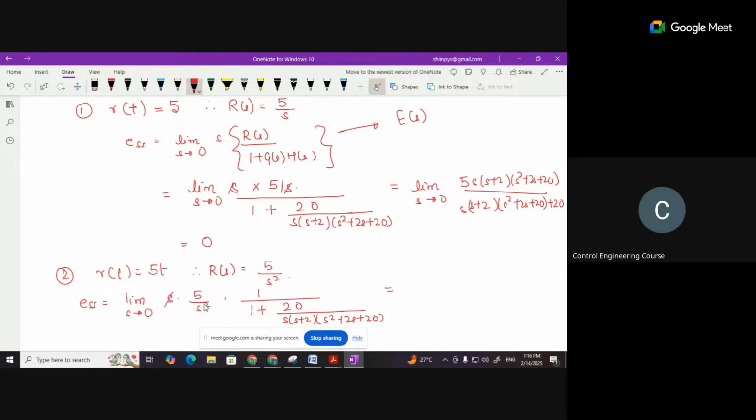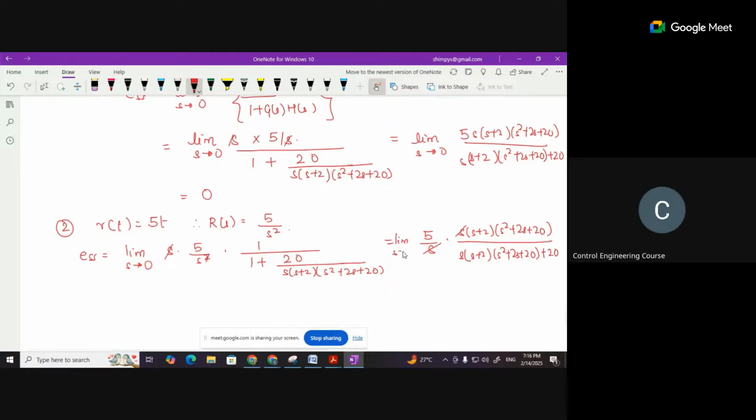So on solving this, this is 5 by s into s plus 2, s square plus 2s plus 20, whole divided by s plus 2, s square plus 2s plus 20 plus 20. Correct? So this gets cancelled.